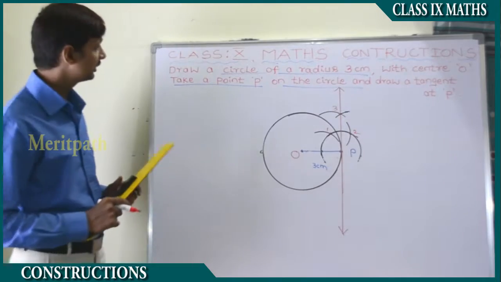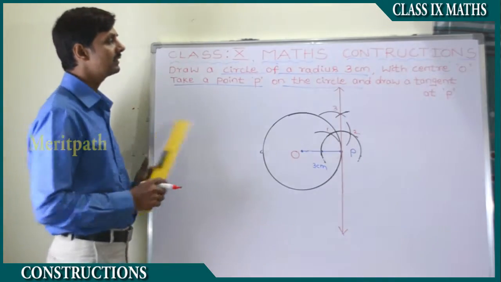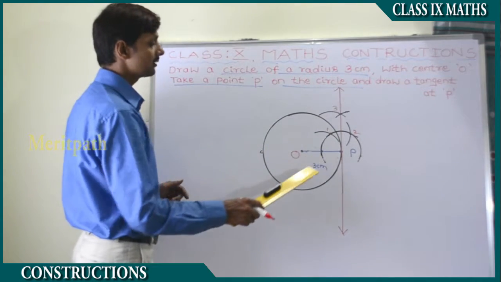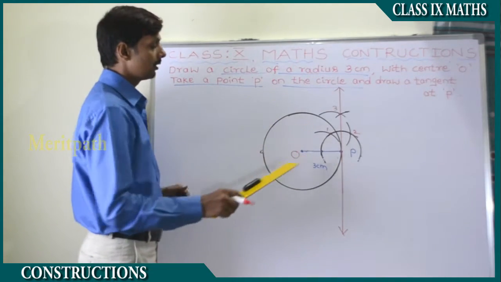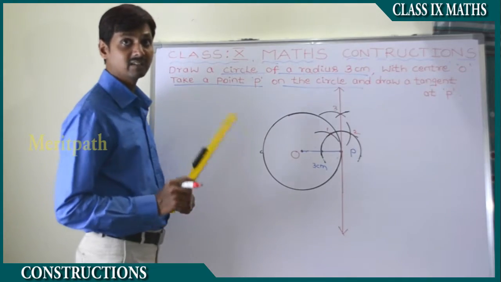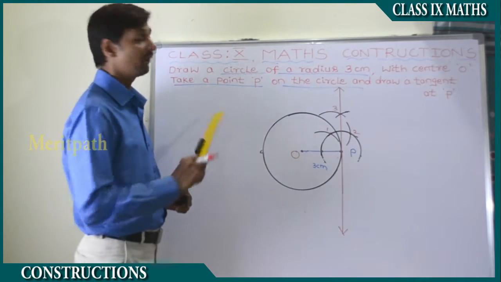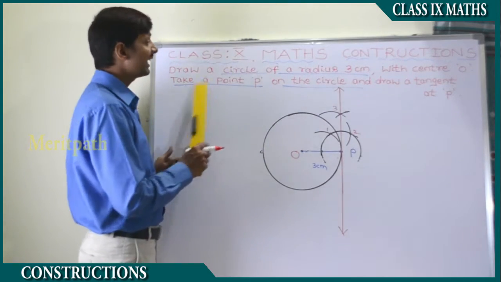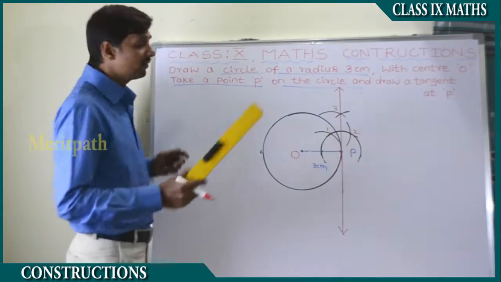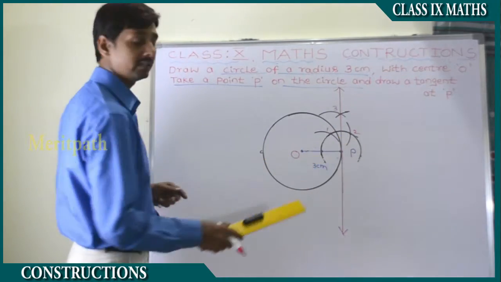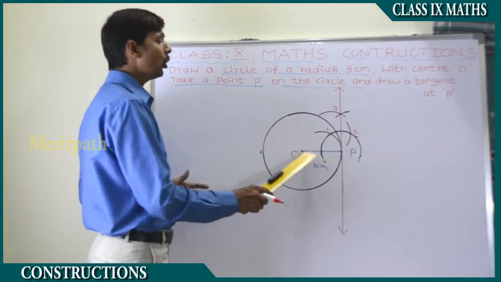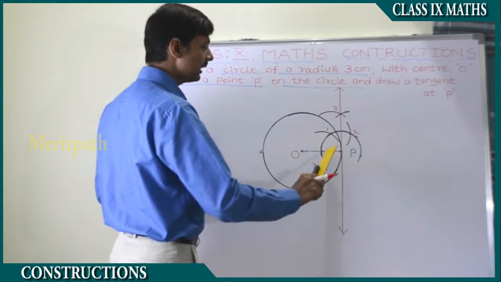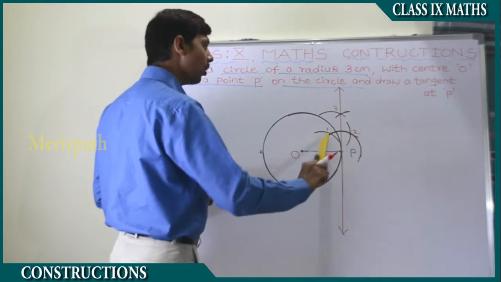Let's recall the question here. Draw a circle of radius 3 centimeters. Using this 3 centimeters, we have drawn a circle with center O. Then we have taken a point on the circle, anywhere we can take it. So we have taken a point here, and we join the radius O and P, and use the point P and draw an arc on it.